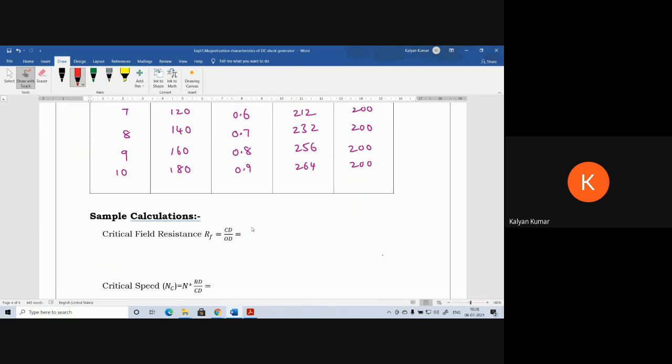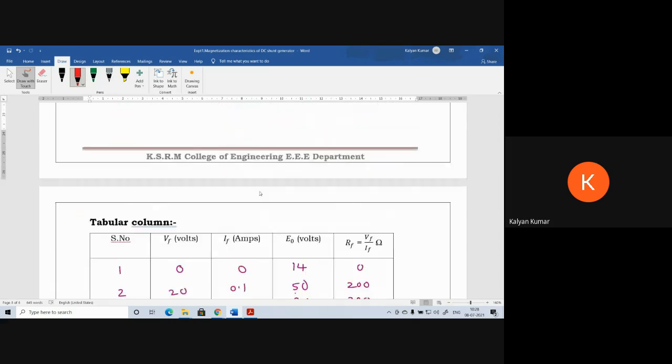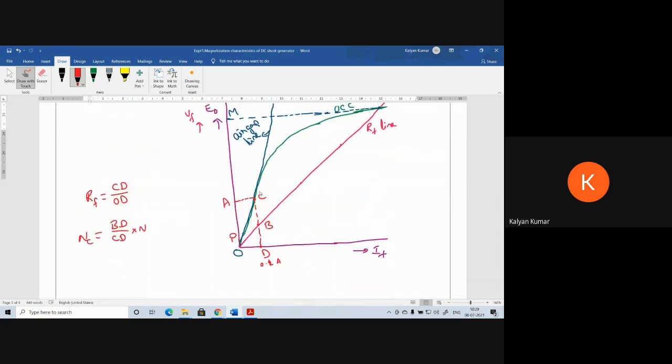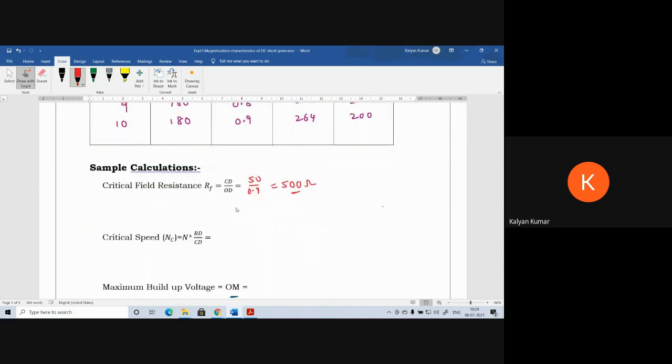So 50 divided by 0.1 will be equal to 500 ohms. Corresponding to 0.1 amp, E0 is 50. So 50 by 0.1 gives 500 ohms.